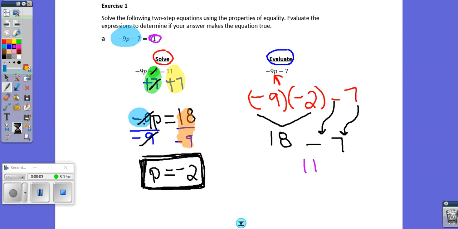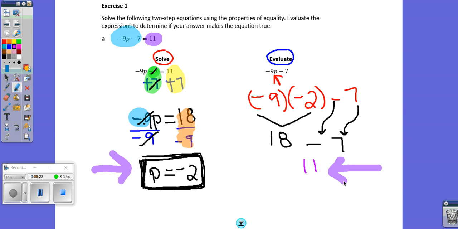They said, find the number for p so that my outcome is 11. Well, we found p and we evaluated and we got 11.